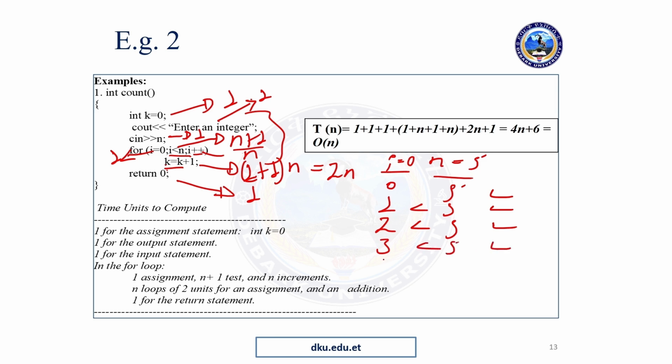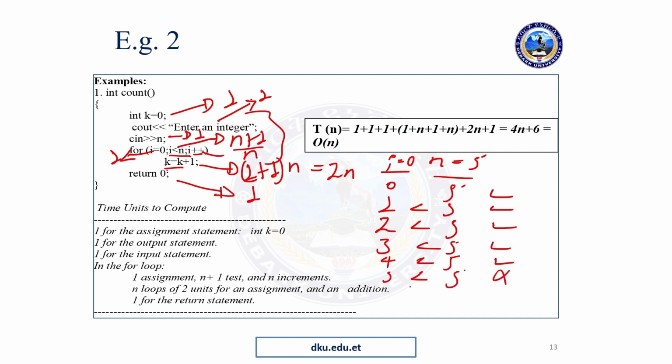And the value of I will be 4, so 4 less than 5, which is true. And the value of I is 5, so 5 less than 5 is not true, right?